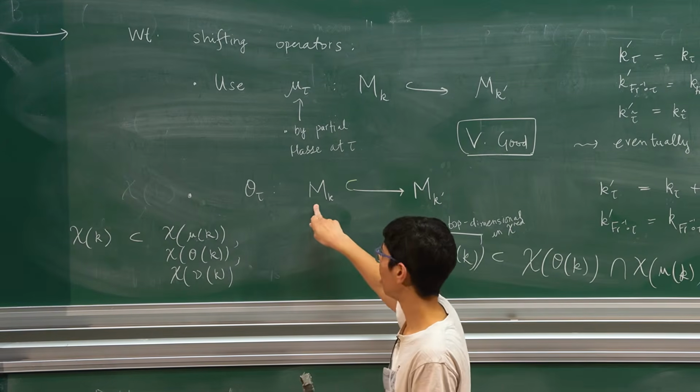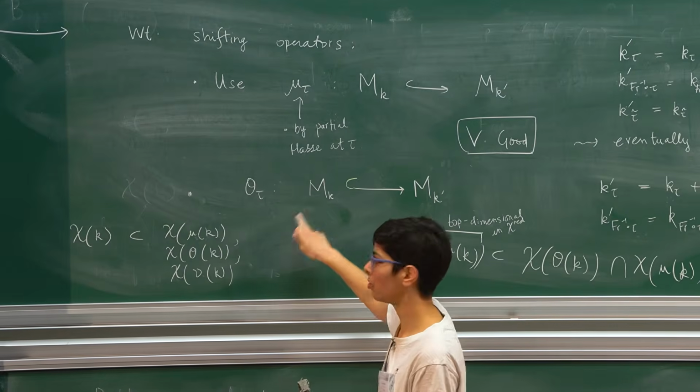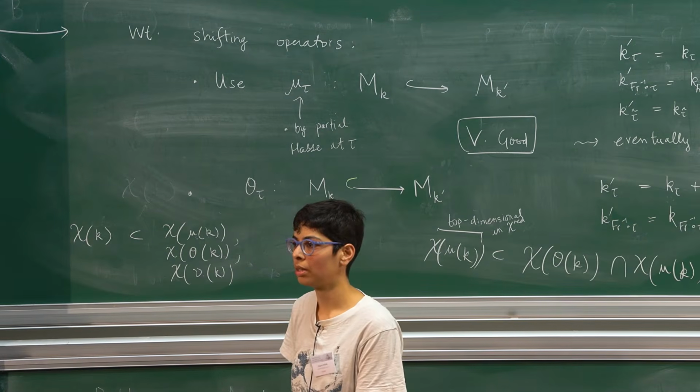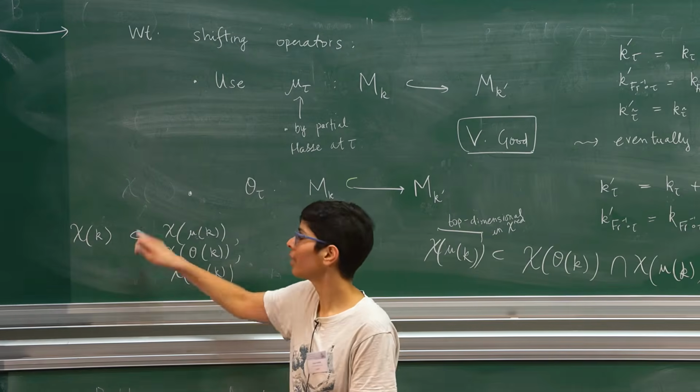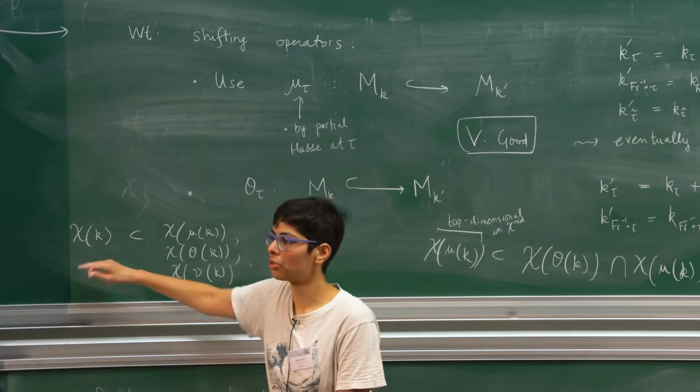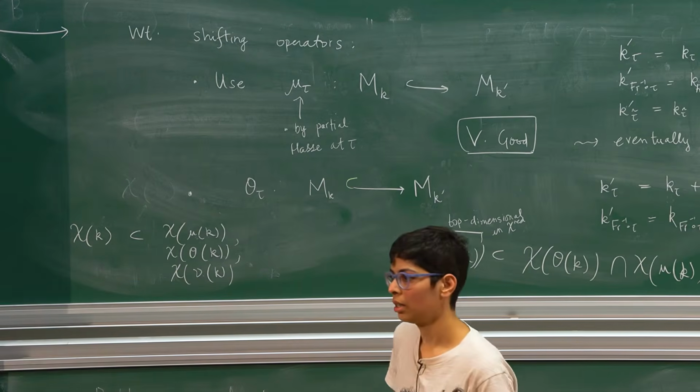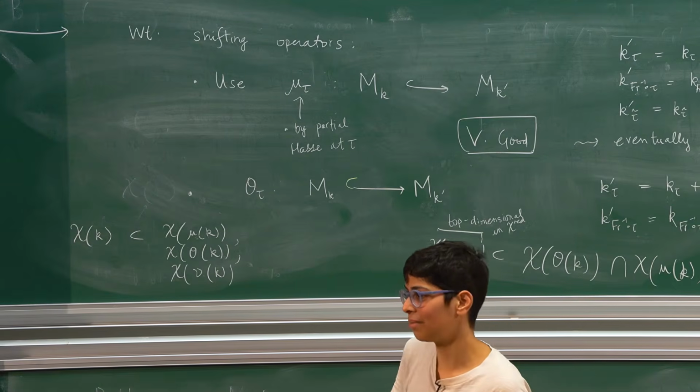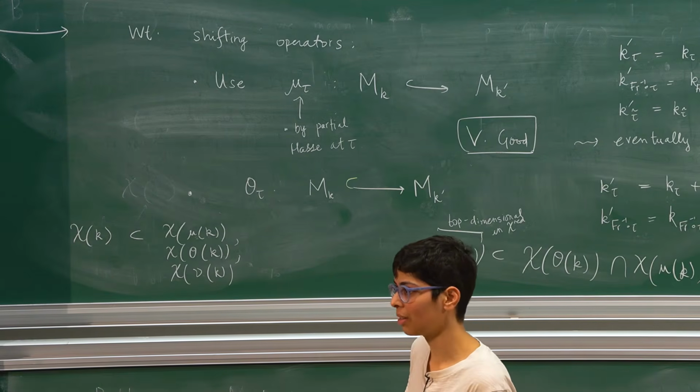So if local-global compatibility is true, then this inclusion should hold true, or rather, if a stronger form of local-global compatibility is true. Does that answer? Maybe I was very confusing just now.